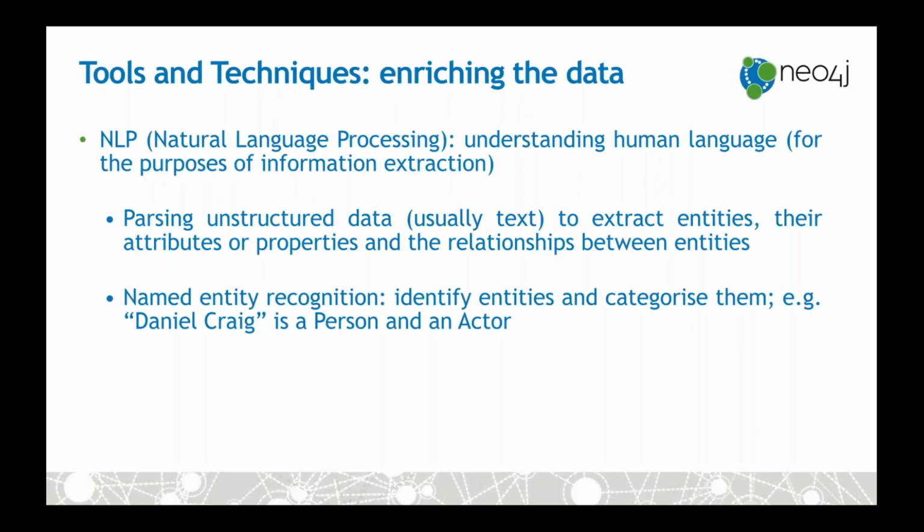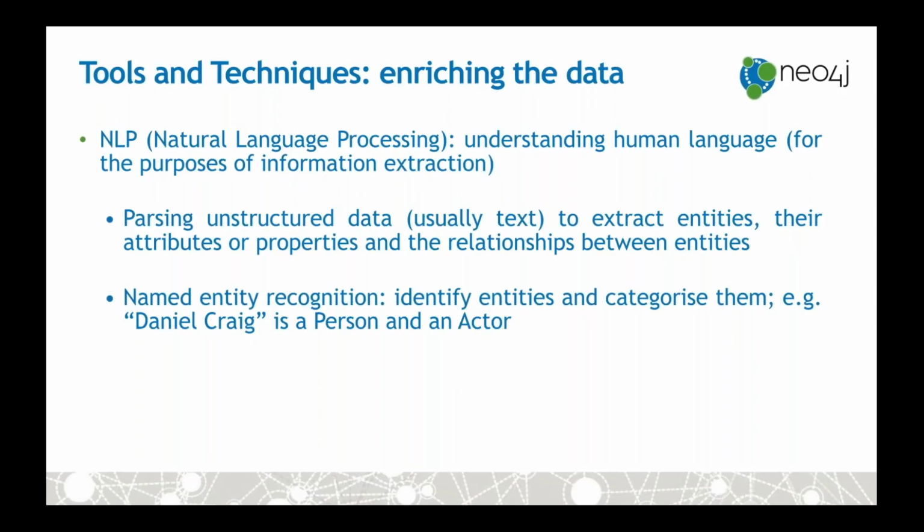What we want to get out of it is, from unstructured strings representing language, to extract useful information. Usually text is parsed using various parsing libraries, and entities are extracted, as well as their attributes and the relationships between entities.